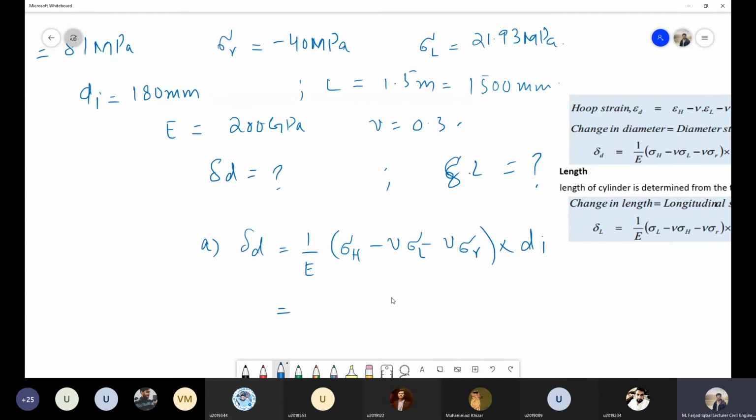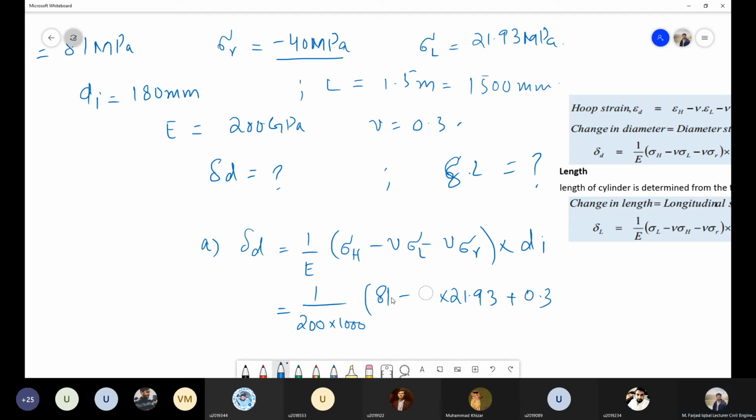If I substitute into this equation, 200 into 1000, sigma h is 81 minus nu sigma L is 21.93 minus, and this will change into positive sign because over here we have the stress as negative.